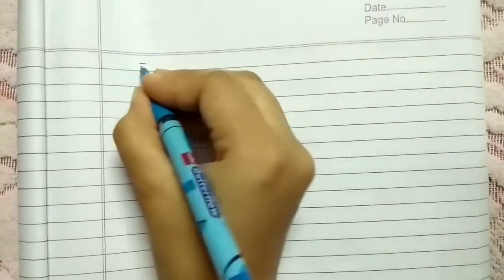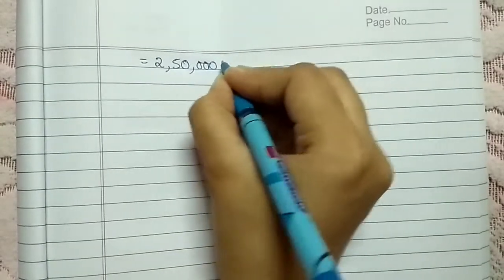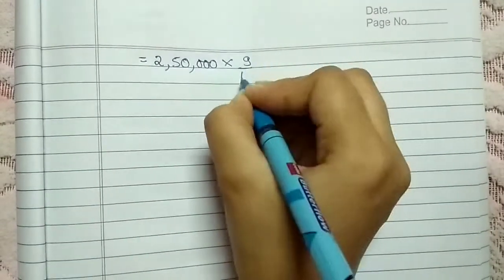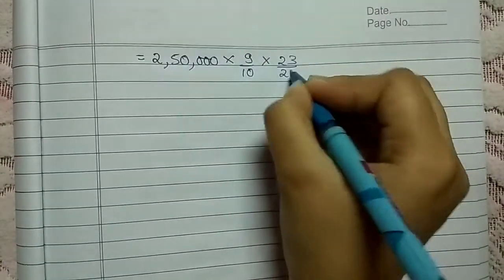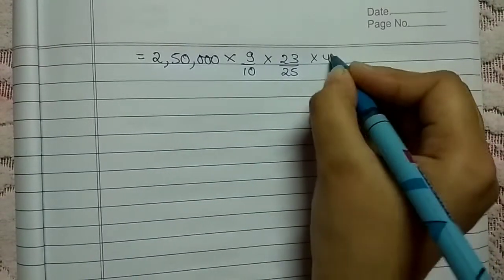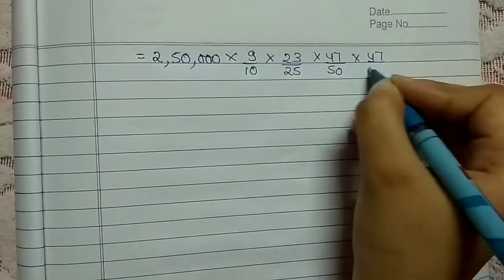We will take them out from the bracket. Equal to 2,50,000 into 9 upon 10 into 23 upon 25 into 47 upon 50 into 47 upon 50.